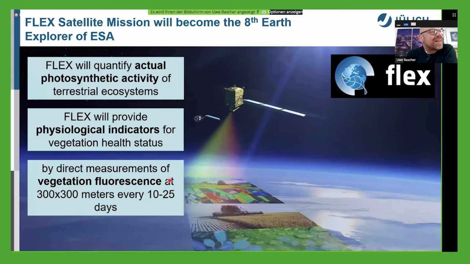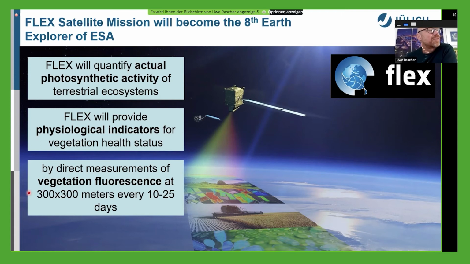2023-24. And this satellite is specifically geared towards measuring photosynthetic activity of our vegetation to provide a physiological indicator for vegetation health status or stress. And as you can see, one target region is really down to agriculture.